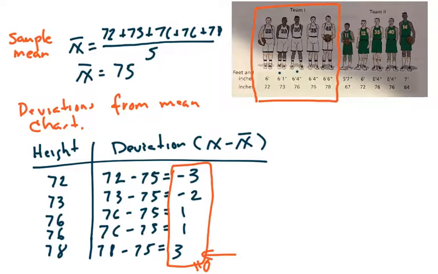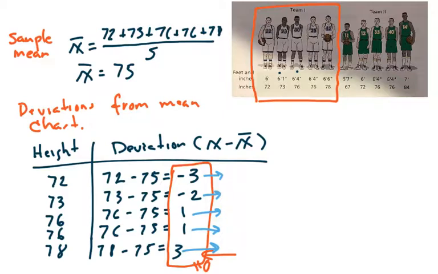So in order to not get a 0, we're going to square these values, okay? We're going to square the values.